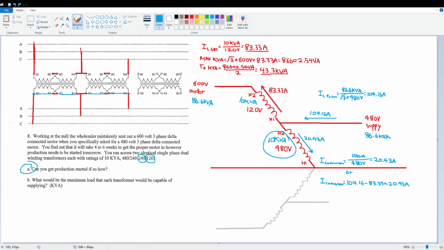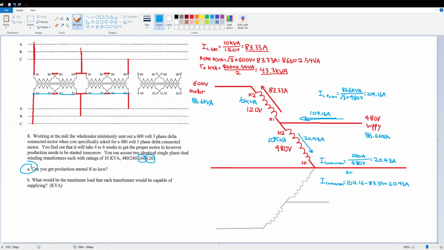All right, now we want to find the current in the supply right here. Since this is 3-phase, right? We've got 3 phases here: 1, 2, 3. We're going to use 86.6 kVA over root 3 times 480, and we get 104.16 amps.